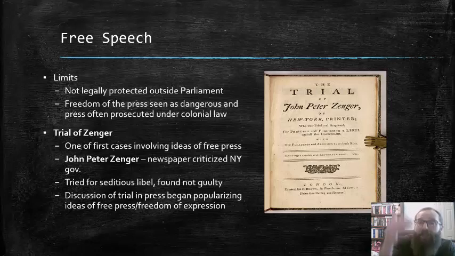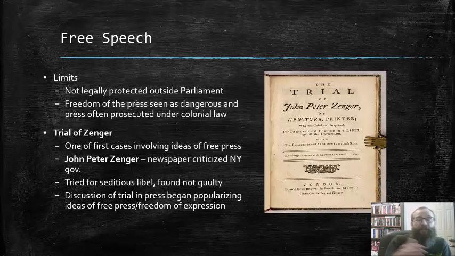One of the early testing grounds for these new ideas of free speech and freedom of the press was the trial of John Peter Zenger in New York in the colonial period. John Peter Zenger published a newspaper that criticized the royal governor of New York and was actually put on trial for seditious libel. And he was found not guilty.